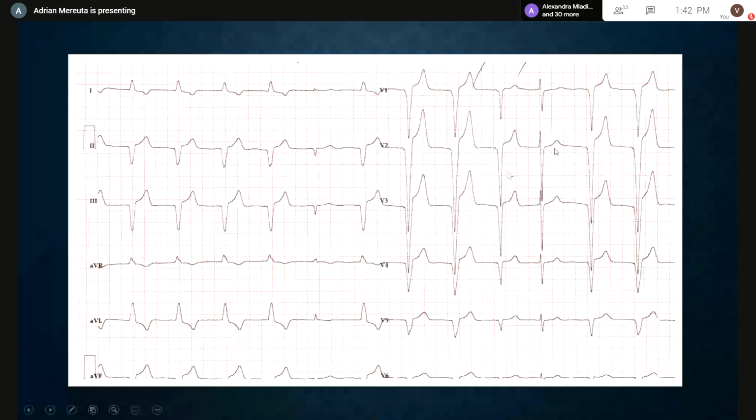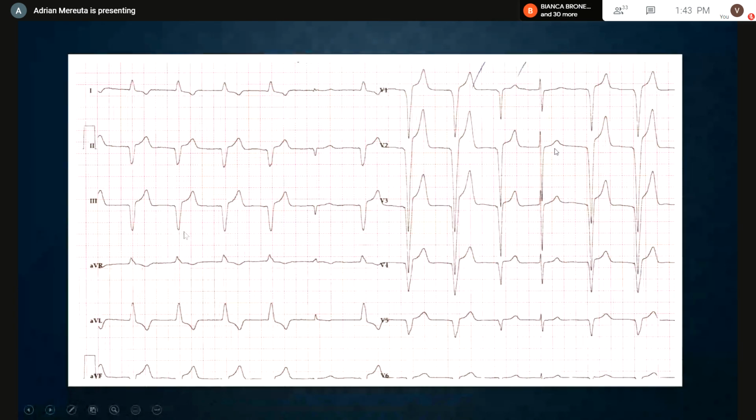Sometimes when the pacemaker is put for atrial fibrillation with low heart rate, you can have a combination of the native beats like this one or this one with stimulated beats like those with wide QRS complex.